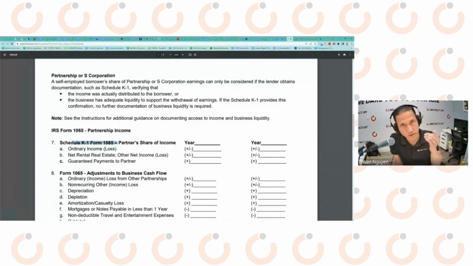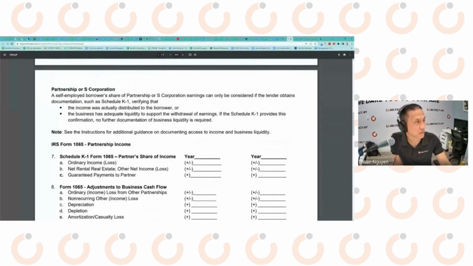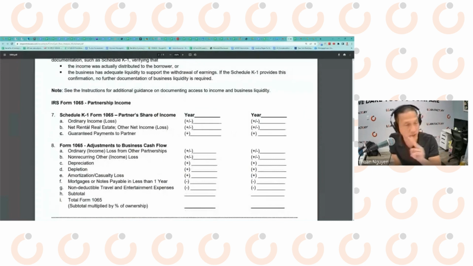Partnership or S corporation is number 7. Partnership and corporation income are similar to self-employed income. Very similar. The only difference is found in a different form. In a sole proprietorship, it is in Schedule C. But in a partnership or S corporation, we have two things: Schedule K1 and the form itself. Let me slow down on this so that you understand. A partnership or corporation is an entity.